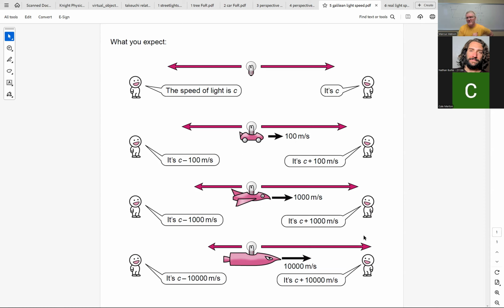Makes total sense, right? After all, we know that if we are in a car and we're throwing a baseball or launching an arrow, that's how it works. Mythbusters has a good video of this where they try to match the speed of a truck to the speed of an air cannon, and they launch the ball out the back.